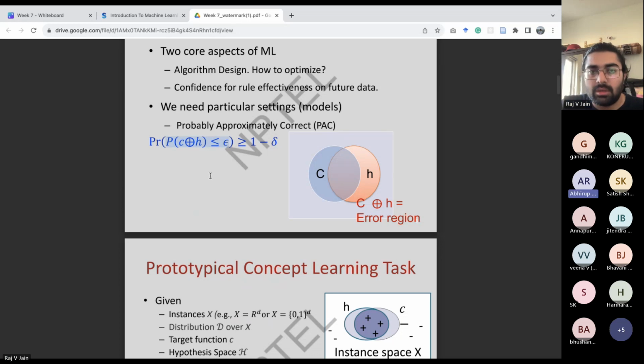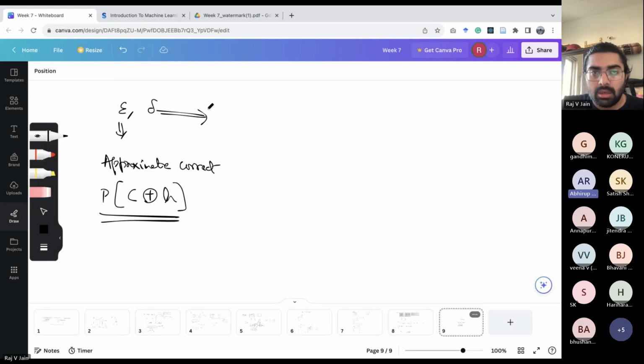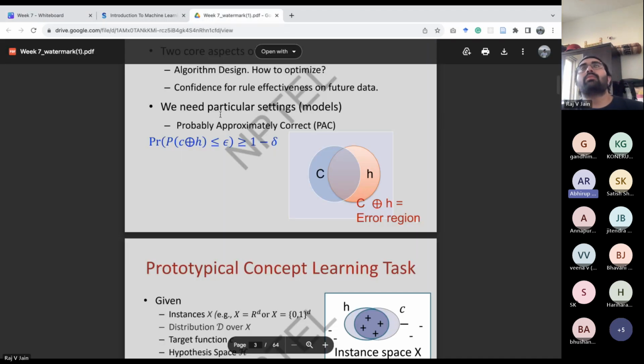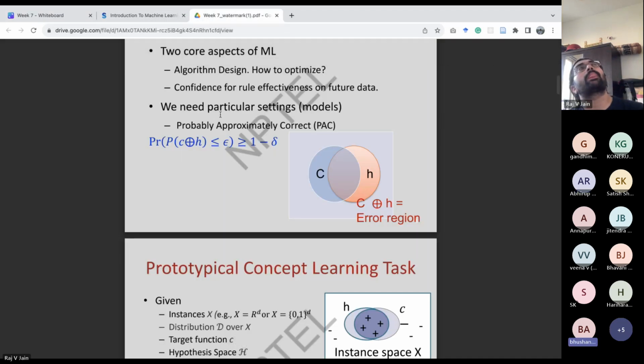Yes, correct. And now the other one, delta. Does it mean that our training samples are not good enough to represent the real world data? What is the meaning of delta?